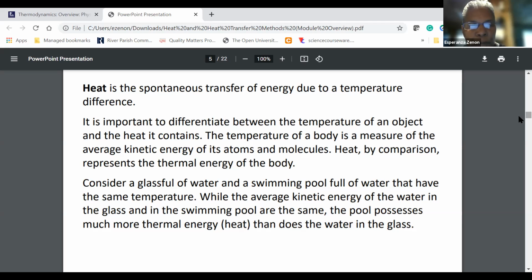Now, eventually, both of those objects will settle down and they will have the same temperature, and then they will be in what? Thermal equilibrium. But as long as there's a temperature difference, you're going to have this energy transfer. So something I want you to be thinking about is this idea that heat and energy are interchangeable. You can transfer energy, and if you're transferring energy, there may be some heat transfer going on, right?